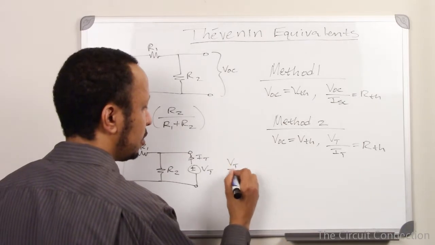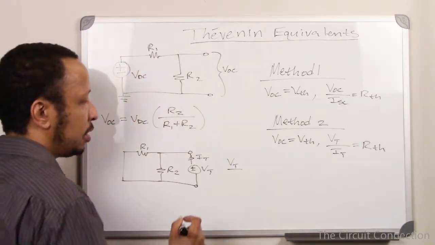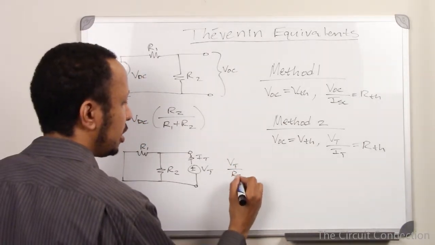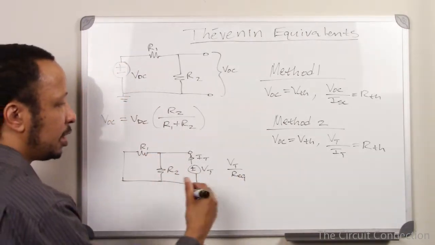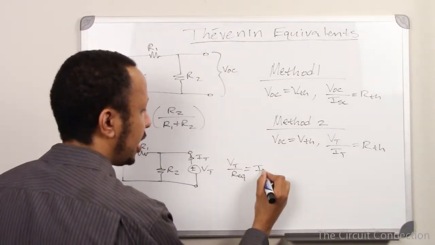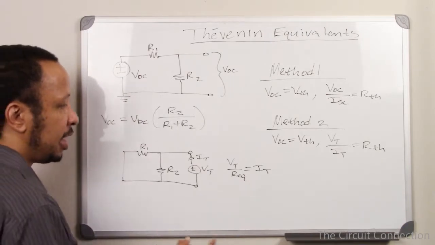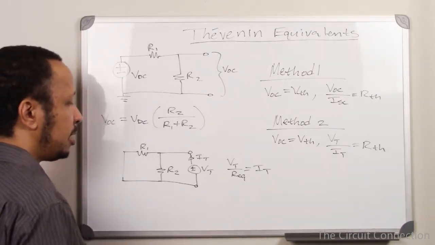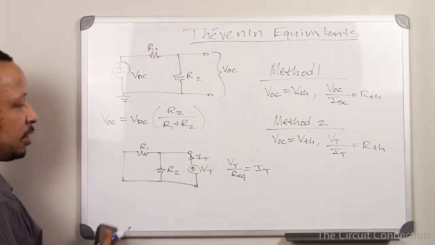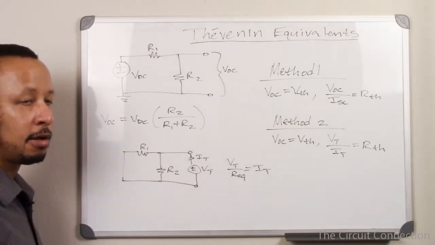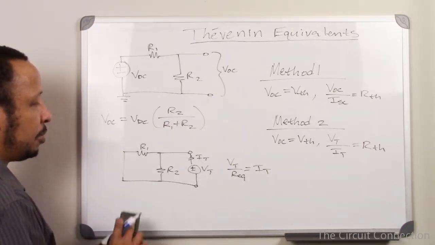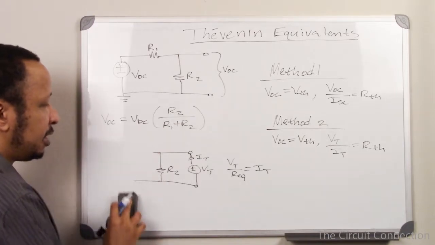VT divided by our net equivalent resistance of all of this is going to give us IT. So what is our net equivalent resistance? As you can see, R1 is in parallel with R2 from the point of view of what VT sees.